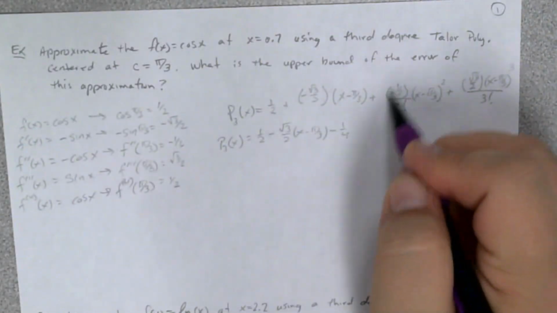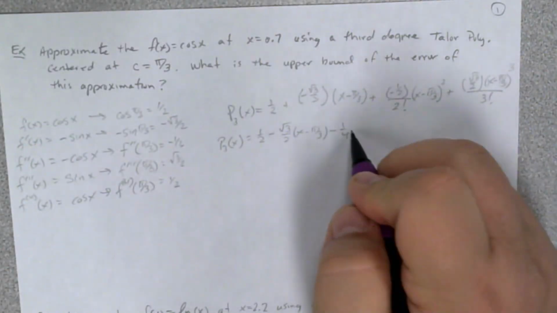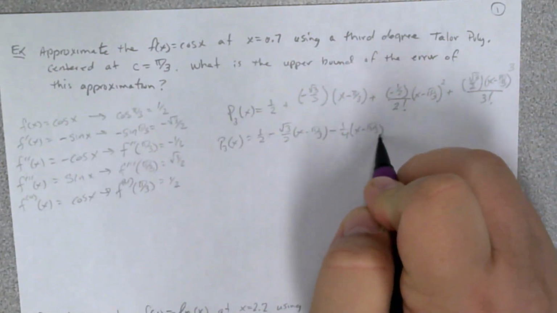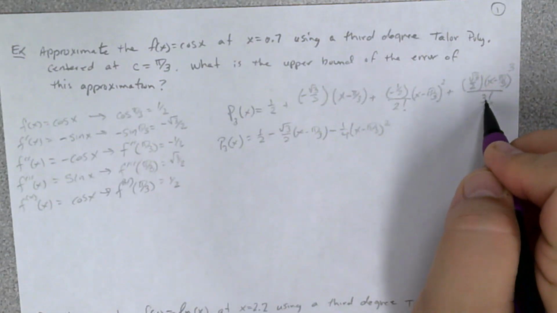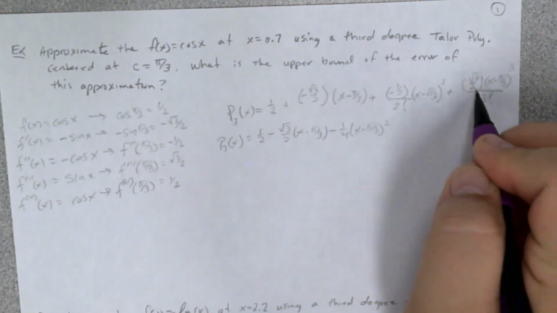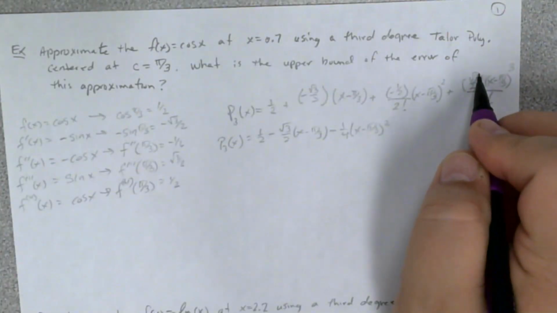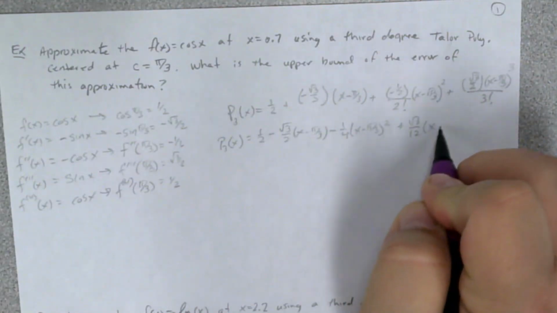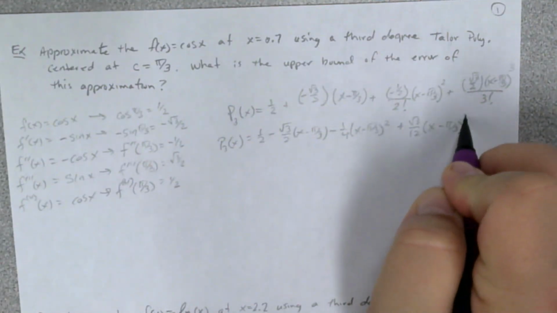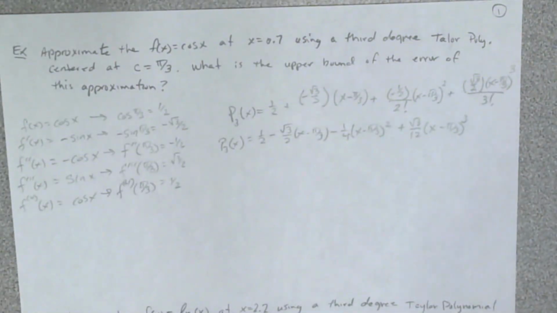All this right here works out to be negative 1/4 times x minus pi over 3 squared. And then this part over here, this is 3 times 2, so that's a 6, times 2 is 12. So we're going to have a square root of 3 over 12, and then an x minus pi over 3 cubed. So there's our Taylor polynomial cleaned up just a little bit.